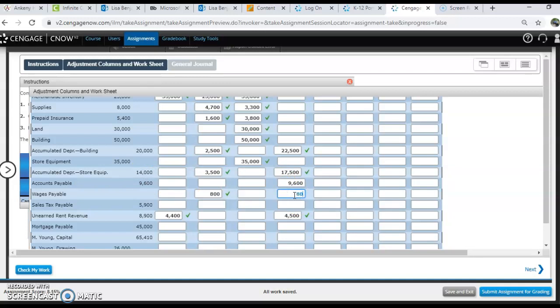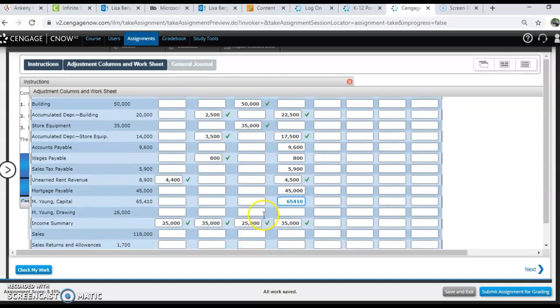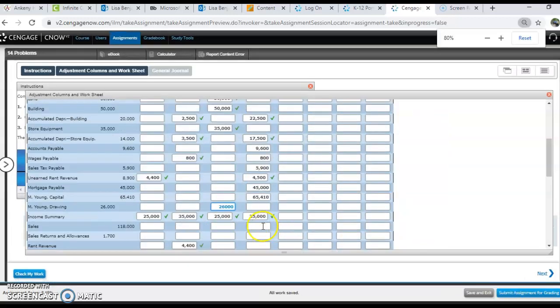I've got 0 plus 800 is 800. And then I'm just bringing the 59 over. I've already done this one. Mortgage payable. All these liabilities are credits because that's where the normal balance is. And my drawing. Notice that we leave both of those in. That's unique. We haven't done that before.